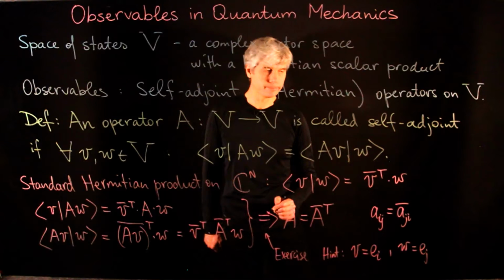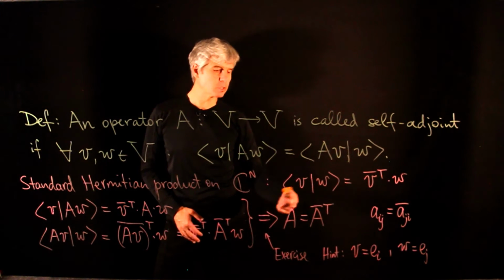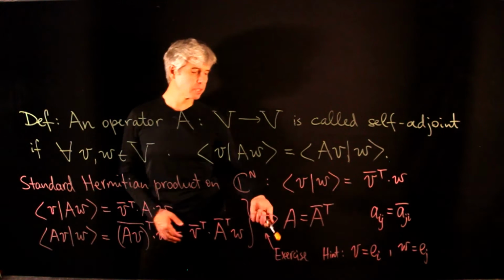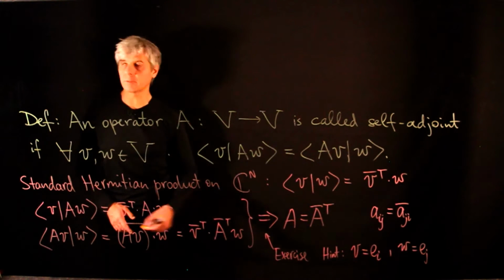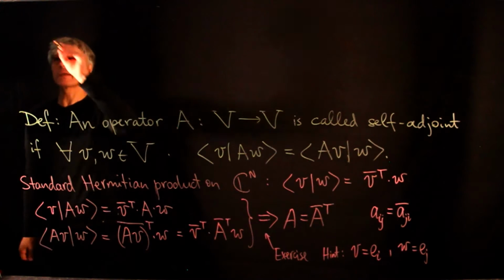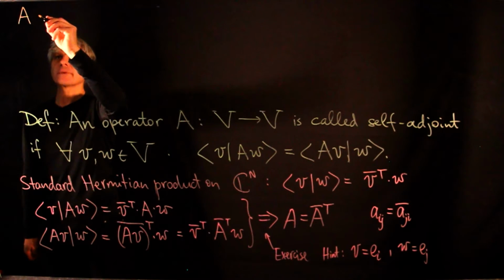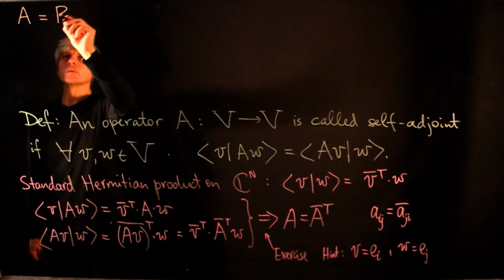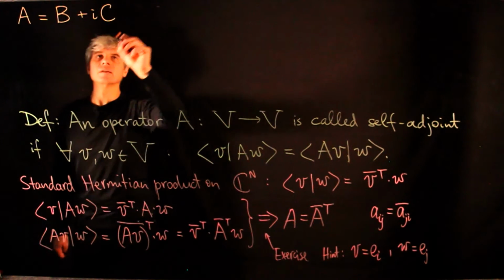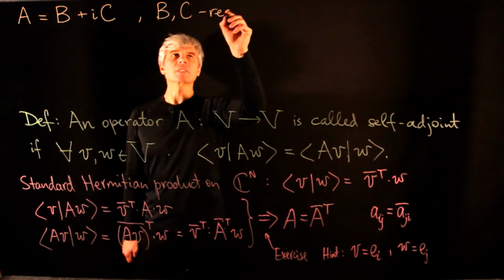Now let's analyze a little bit this relation and see how difficult it is to recognize when an operator is self-adjoint, or how easy it is to create self-adjoint operators. To analyze this equality, let's write down the matrix. Let's separate the real part of this matrix from the imaginary part. Let's write A as B plus i times C, where B and C are real matrices.